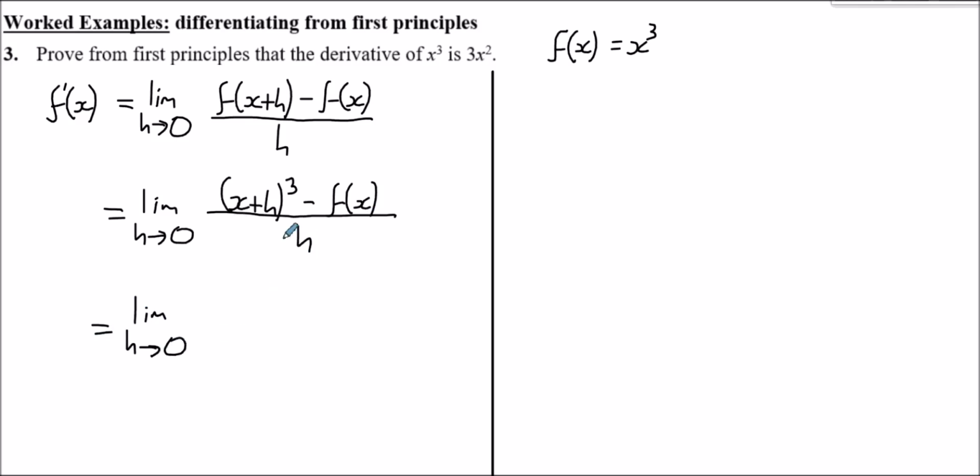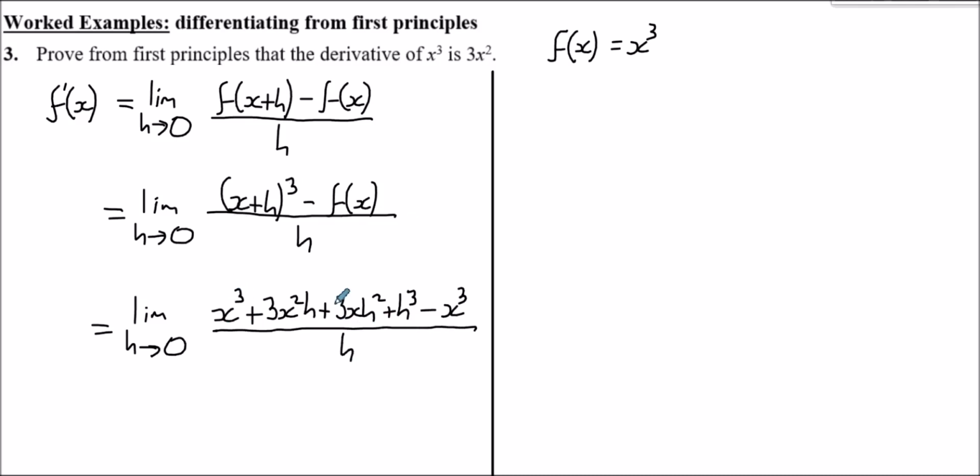Gosh, my hand's getting tired. Never mind. So x plus h all cubed expanded out would give us x cubed plus 3 lots of x squared h plus 3 lots of x h squared plus h cubed, and finally minus x cubed. All of that is going to be divided through by h. Again, look for any cancellations.